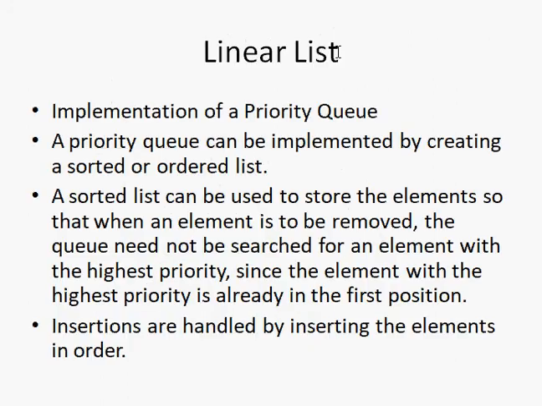Then we have a linear list representation for implementing a priority queue. For implementing a priority queue using the linear list method, we could consider a list as input, and let us consider it as an unordered list.